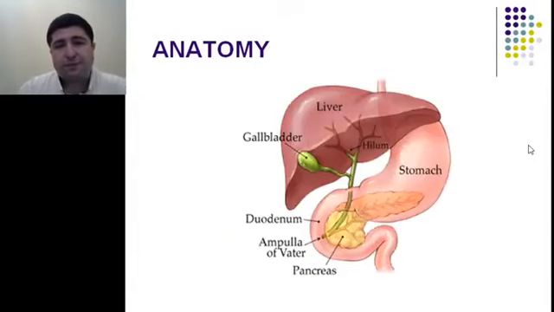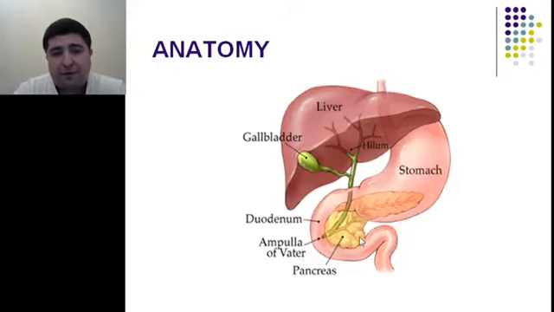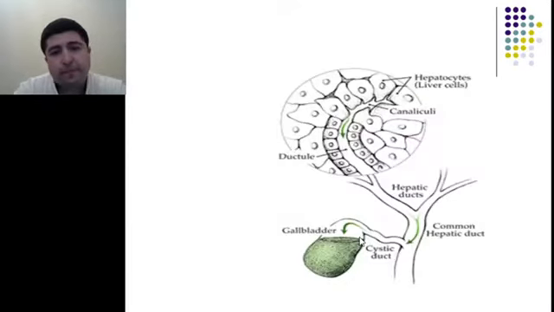So, a little information about anatomy: the liver, under the liver the gallbladder, the stomach, the pancreas localized behind the stomach, the duodenum, and the ampulla of Vater. This is physiology.